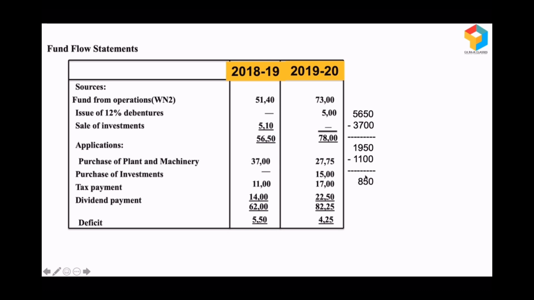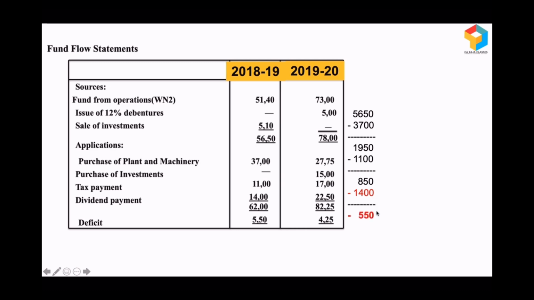When they are left with the long-term fund of only 850, they went and paid a dividend of 1,400. What is the amount they have? 850. But what is the dividend they have paid? It is 1,400. How? It's not acceptable, right? But they did that. They went and paid 1,400.